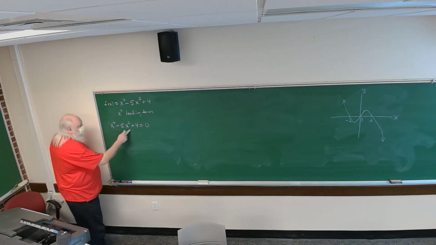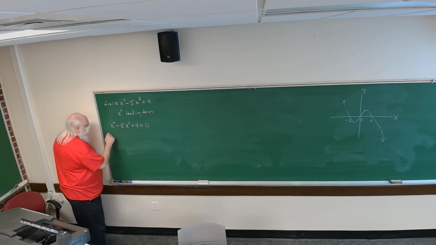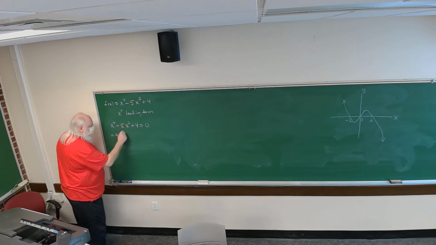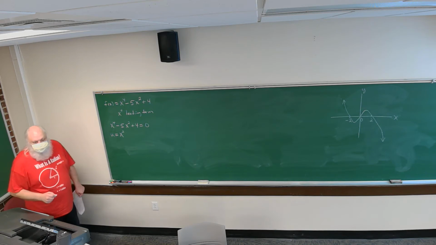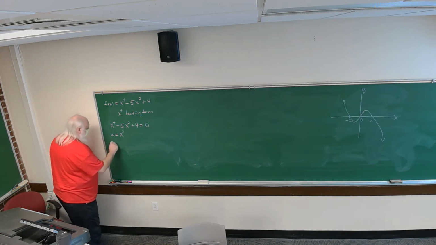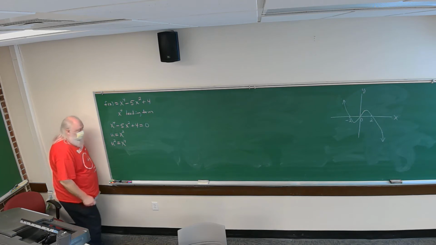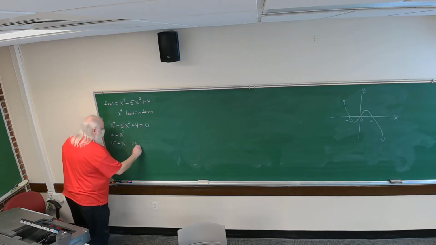So notice we got x to the 4th and then x squared. So we can transform this into a quadratic equation that we know how to factor. Let's let u equal x squared. Then if I square both sides, I have u squared is equal to x to the 4th. Okay? So all I did was square both sides.